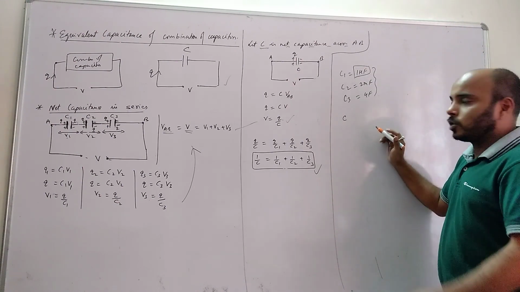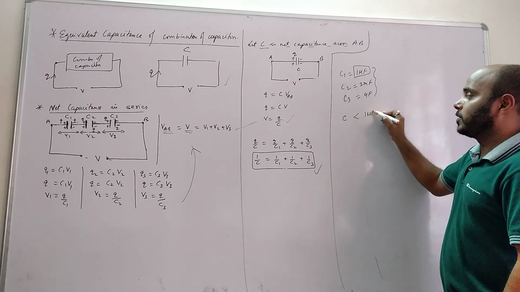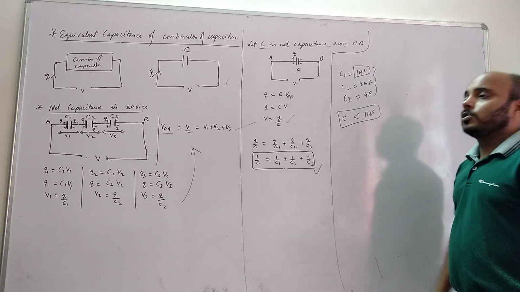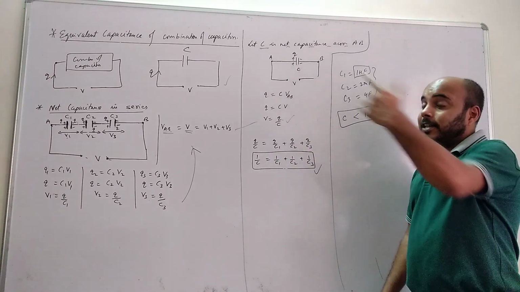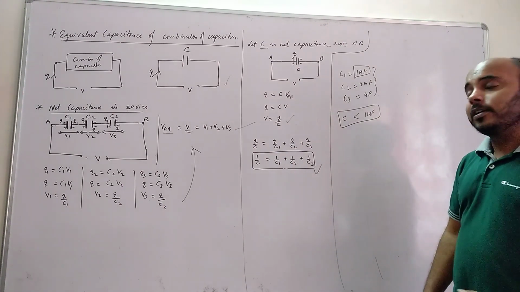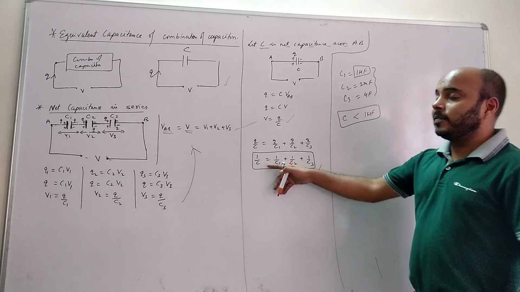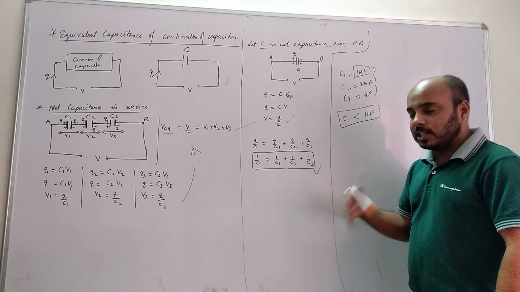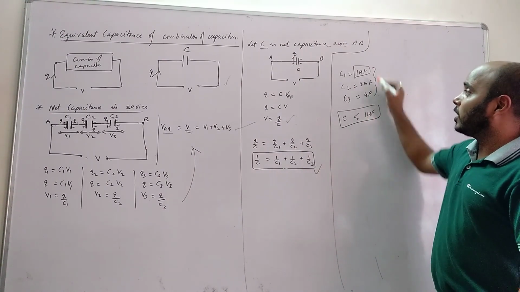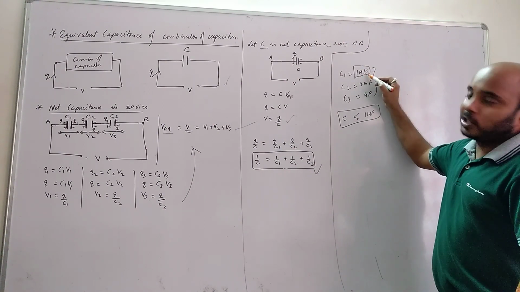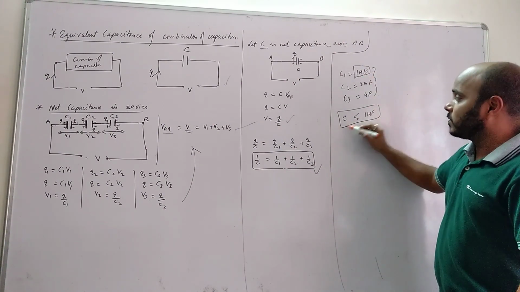After calculation you will get it is less than 1 microfarad. So whenever the formula is 1 by, in reciprocal form, the net capacitance value will always be smaller than the smallest. Out of these three, the smallest is the microfarad, so the net capacitance is smaller than the smallest.